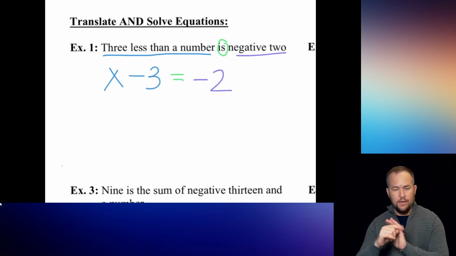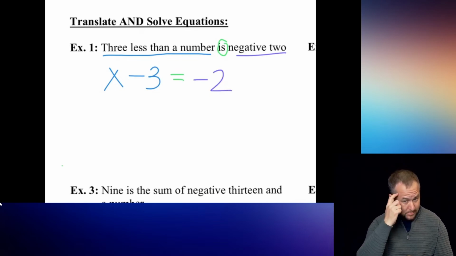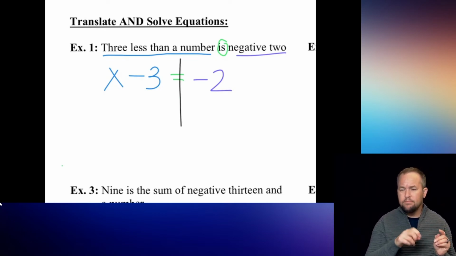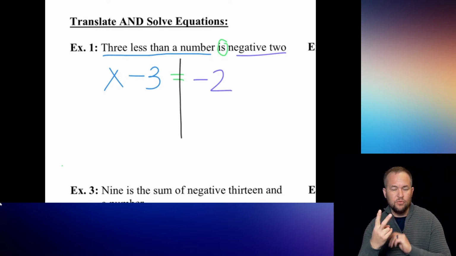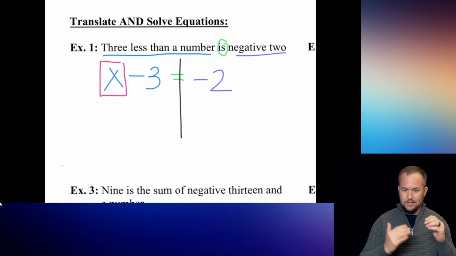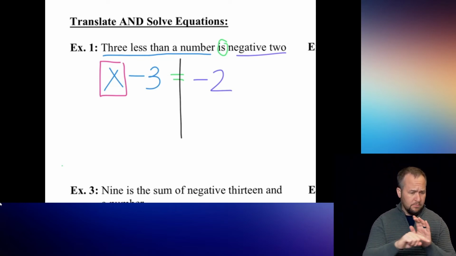So once you set up, again, read through that phrase to make sure that it makes sense. So 3 less than a number, yep, is negative 2. Perfect. So now I'm just going to solve out my equations. To solve this, I always want to get that x variable all by itself. So I'm going to do the order of operations backwards. Well, I know that the opposite of a minus 3 is a plus 3.